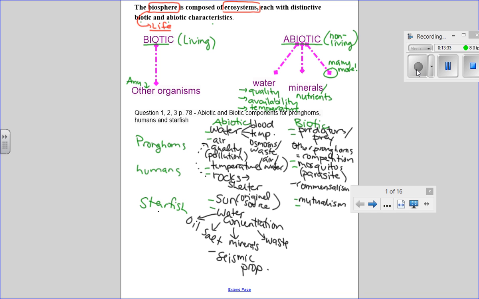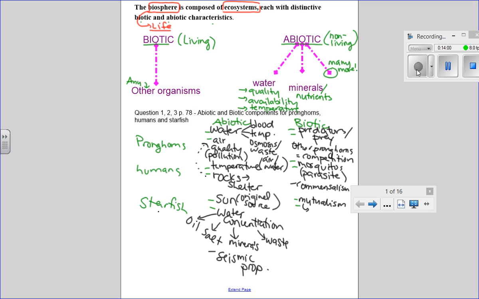So depending on the organism, there might be something that helps it survive where that organism is not particularly affected. So for example, if we are a person who is living in a forested area and we are using the tree for shelter, we would be gaining shelter from the tree, and the tree probably would be very unaffected by our presence there if we were just using it for shelter.